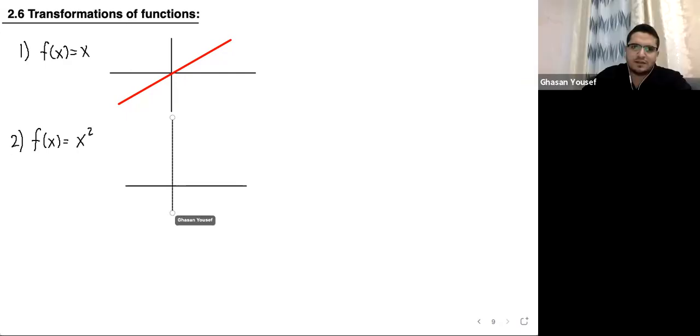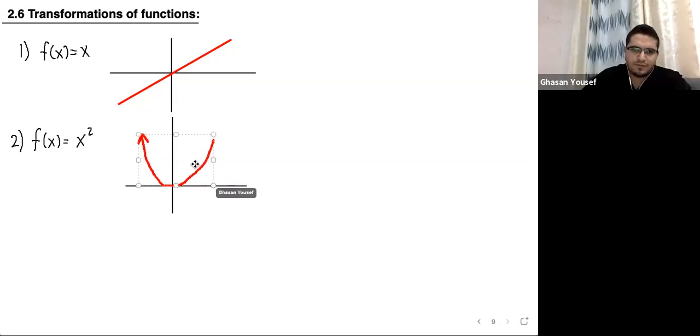Exactly, it looks like a cup. The graph is always a parabola of this form. This is also called a power function.